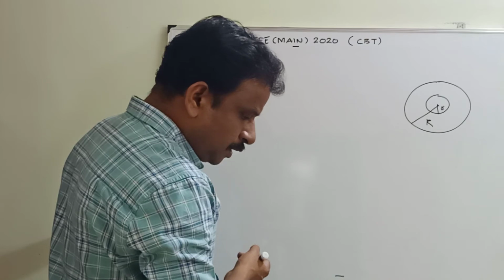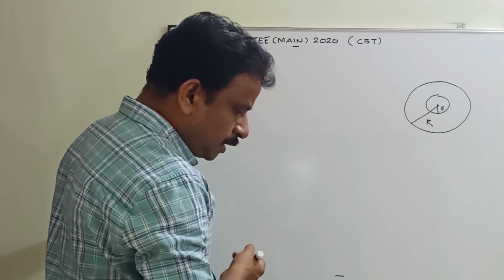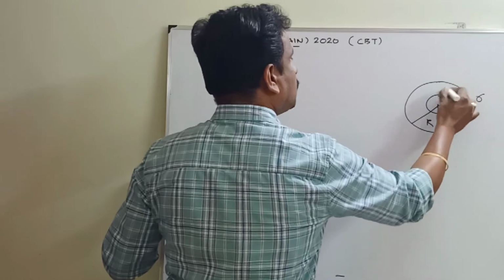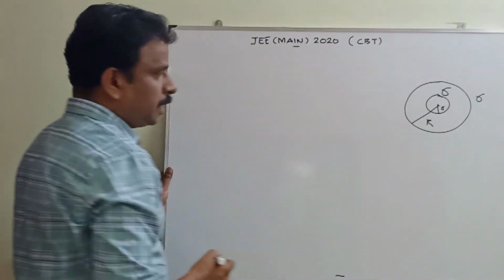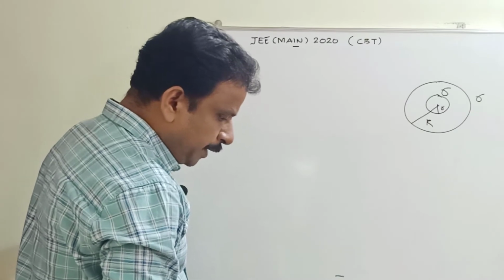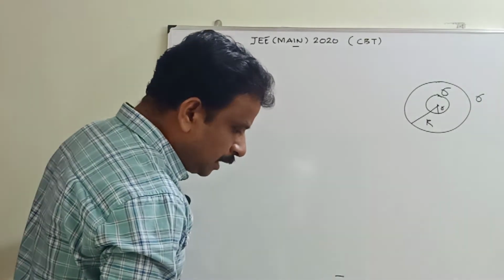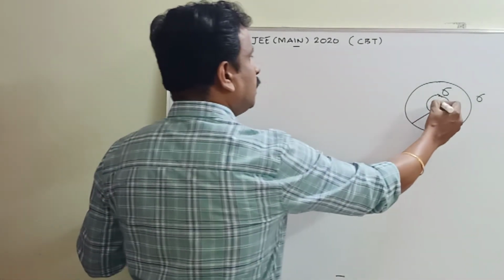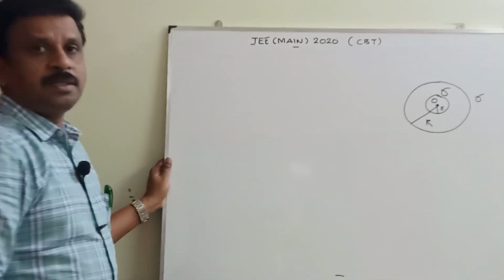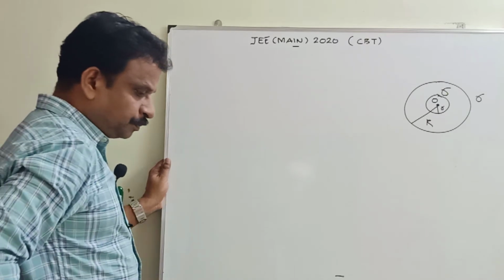If the charge density of both spheres is the same, so charge density here is sigma, here also sigma. So they have equal charge densities. Now we have to find the electric potential at the center. At this point O, what is the electric potential at this center? That is the question here.